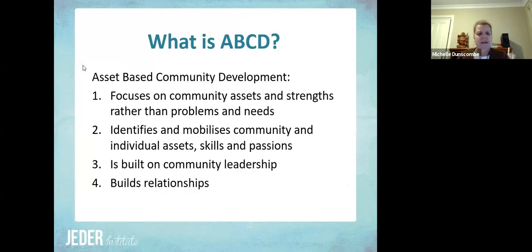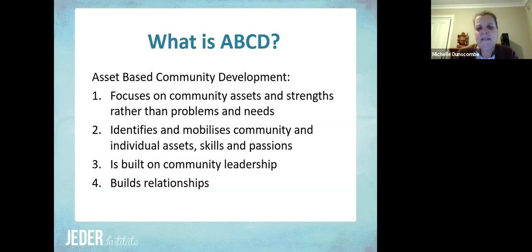So I think a few weeks ago we spoke about what ABCD was. So I thought I'd just remind us, and we'll have a look at some other elements as well. It's about focusing on the assets and strengths of communities, rather than the problems and needs. So it's not saying that we ignore problems and needs, but it's about focusing on what we've got to get to what we need.